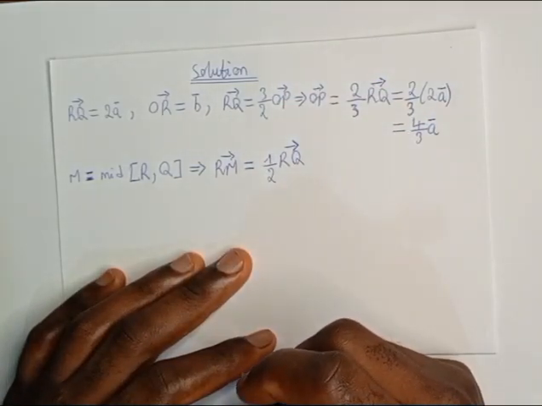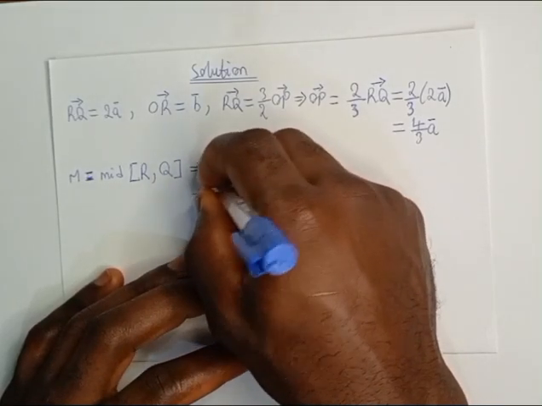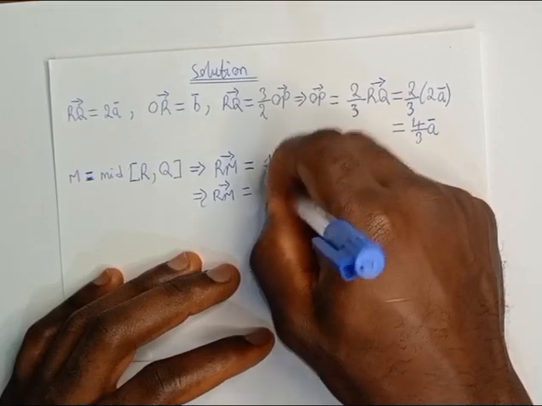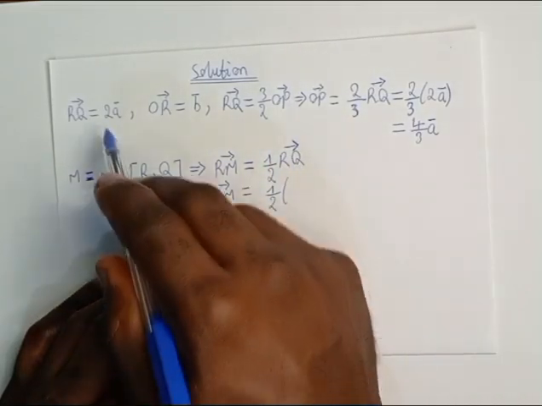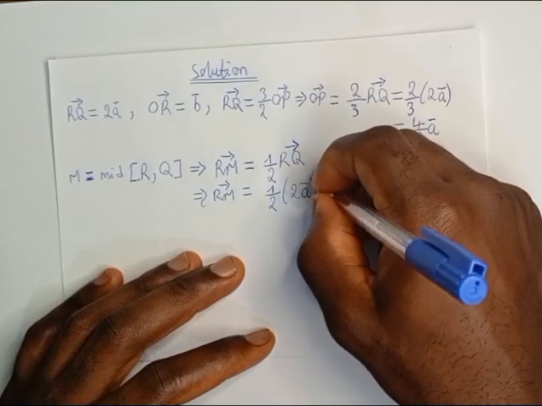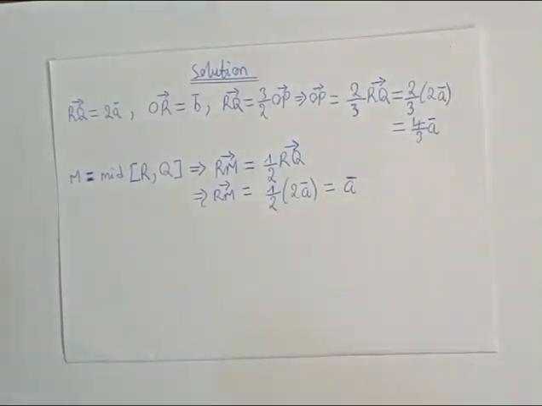And this will imply that the vector RM will be equal to a half of our vector RQ, which is 2A bar, which is equal to A bar. Now we can proceed to answer the questions.